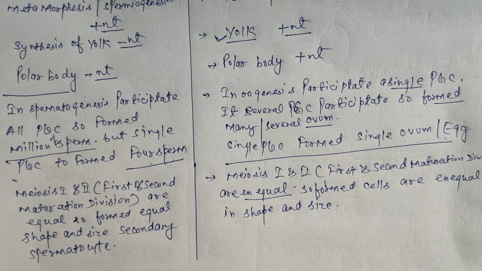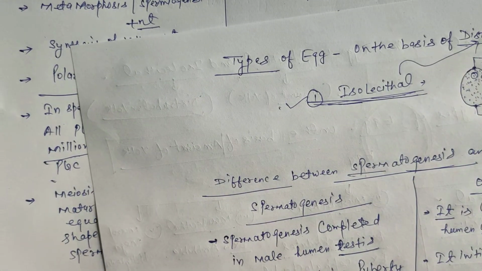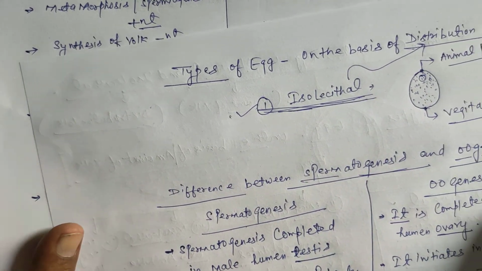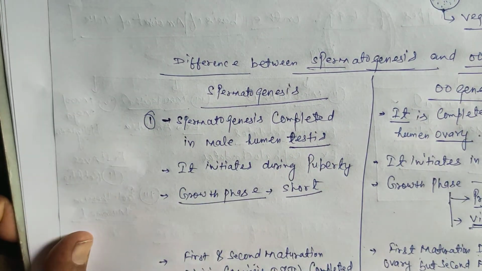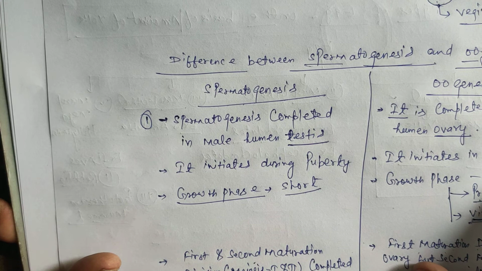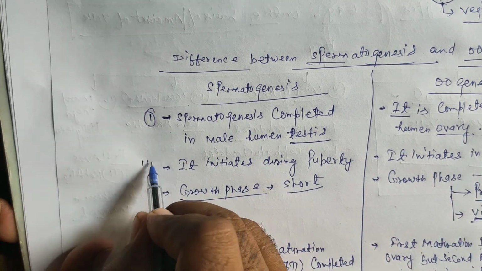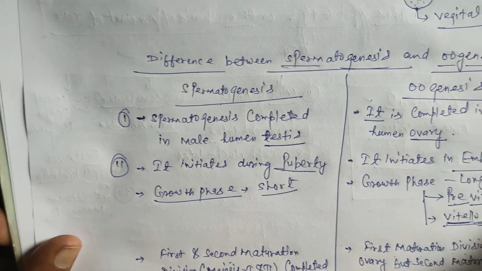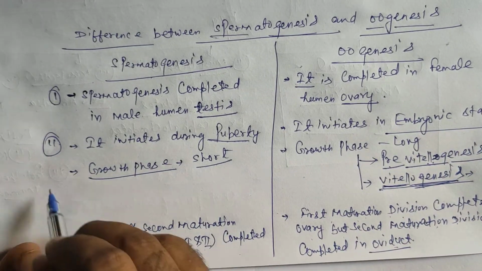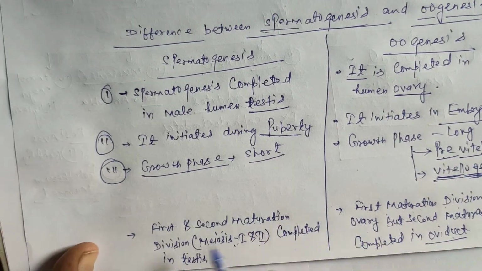Students, these are the differences between spermatogenesis and oogenesis. First, spermatogenesis is completed in the testis of the male human, oogenesis in the ovary. Second, it initiates at a specific age, but oogenesis initiates in the embryonic stage. Third, growth phase is short.